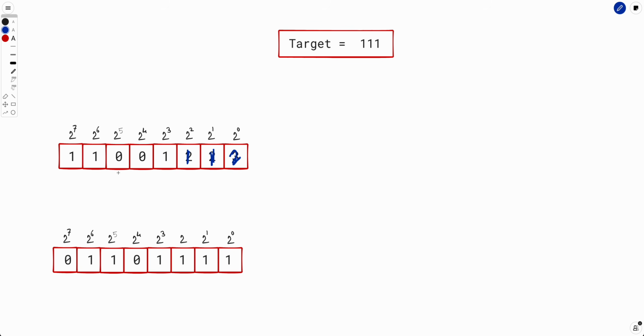Some of you might be thinking that, because there is 2 power 6 as well, should we convert this 2 power 6 to 2 power 5, or should we say that I will convert this 2 power 7 to 2 power 5 because this 2 power 6 is already busy? So the answer is it doesn't matter at all.